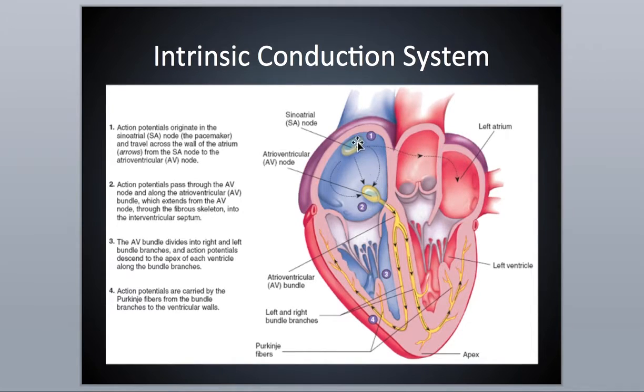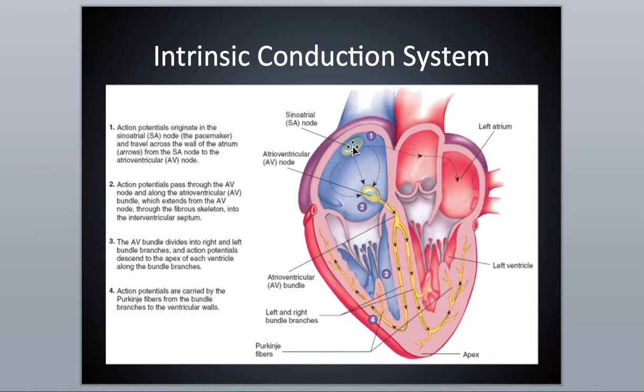And instead of just going from SA node to AV node and then bam, right down into this structure, which is the interventricular septum, basically the separation between the two ventricles, it's actually going to get to the AV node and pause just for a little bit, 0.015 seconds or so. It's going to pause and give the ventricles enough time to fill up with blood.